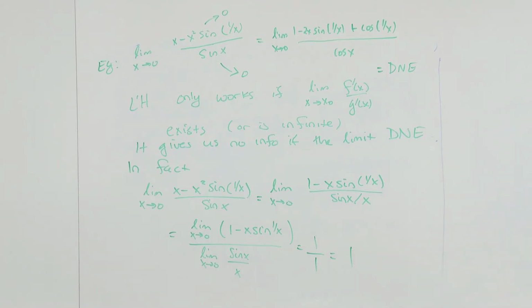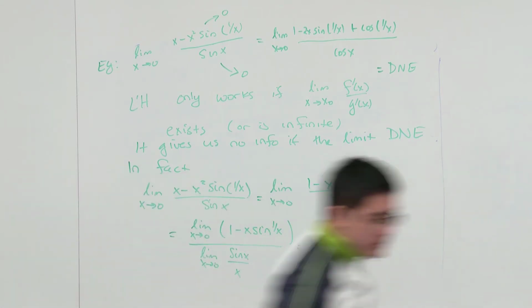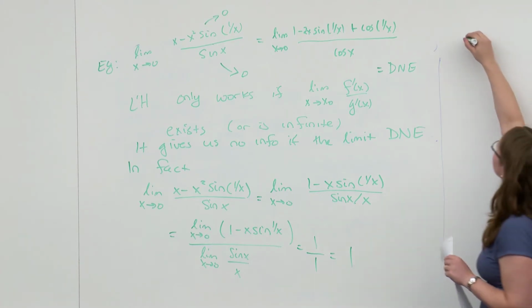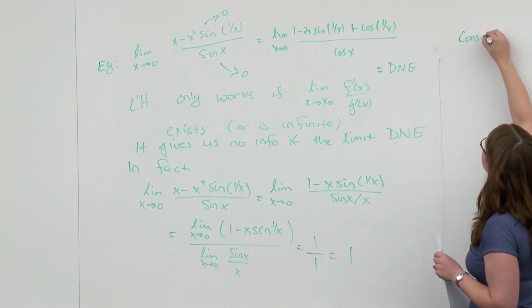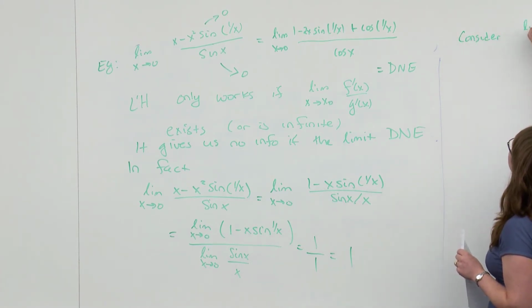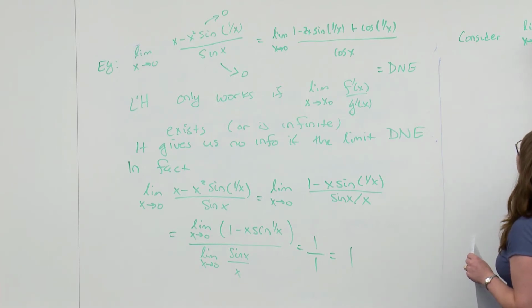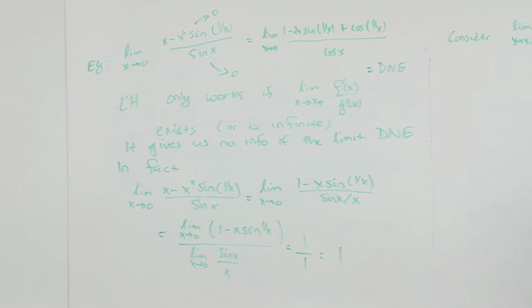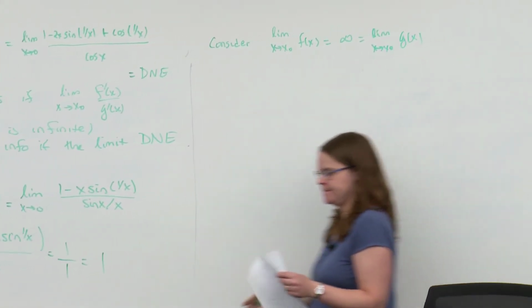Okay, I'm going to make a little bit of an argument also for the infinity over infinity case, just to see where that goes differently. So let's also consider the limit as x goes to x naught of f of x equals infinity. The same for g of x.